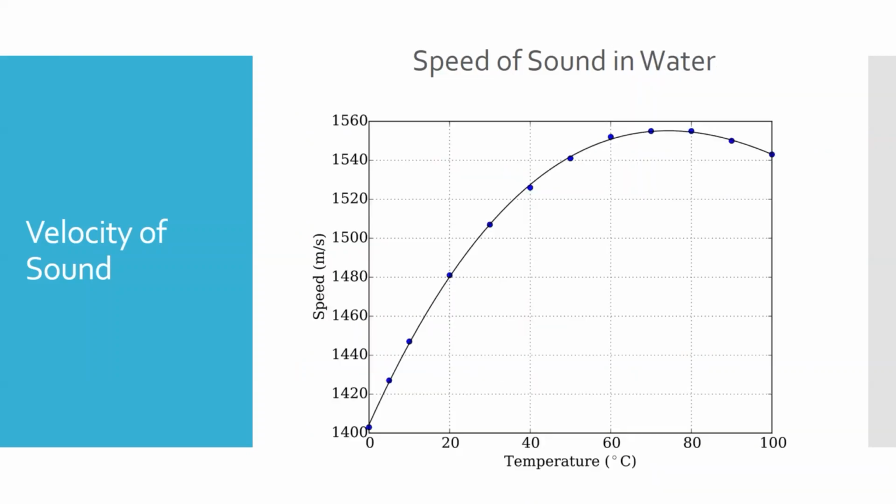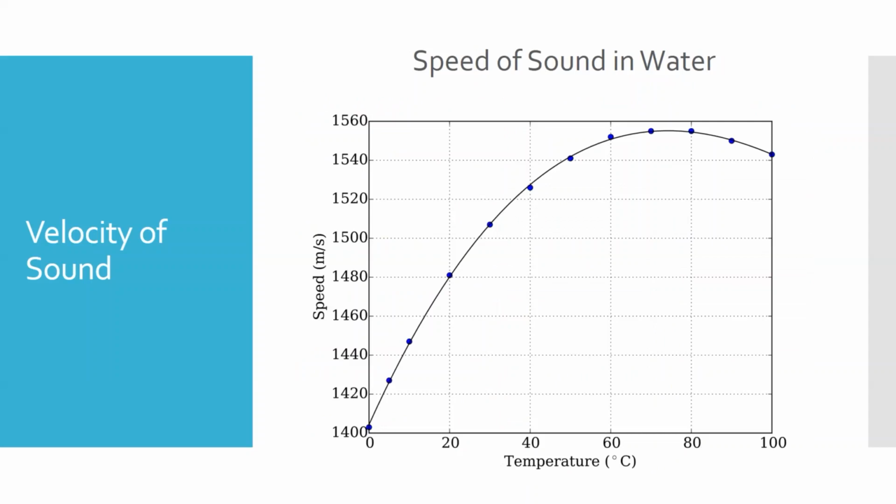But then, like we said, the temperature can also play a role. So here is an example of the speed of sound in water. When water is just above freezing, you can see it's roughly 1,400 meters per second. When it gets up to about 80 degrees Celsius, that goes about 150 meters per second faster.